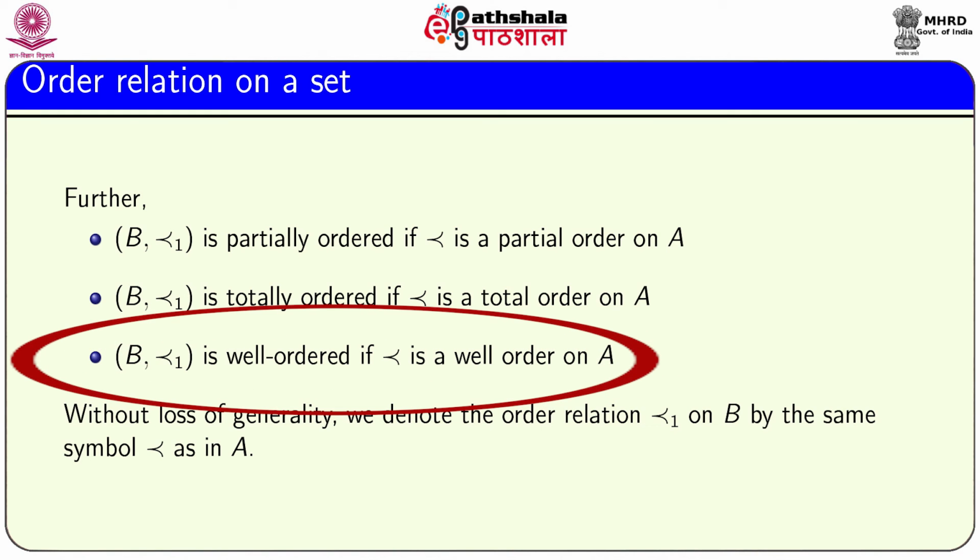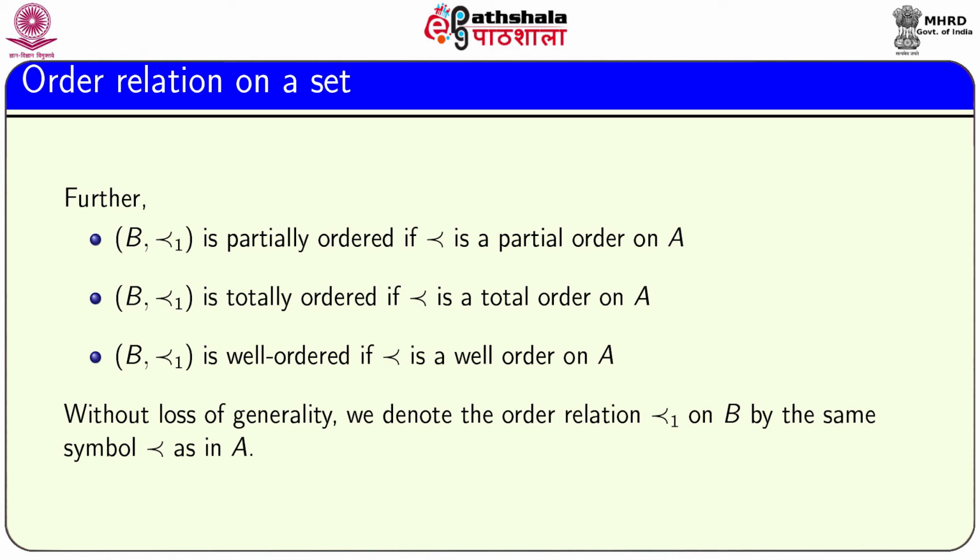B is a well ordered set if the order on A is a well order. So, without loss of generality, we may denote the order relation on B by the same symbol as used in the case of A.